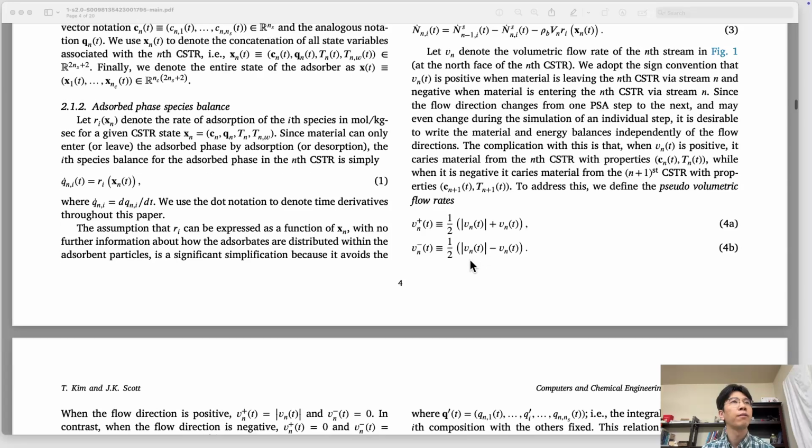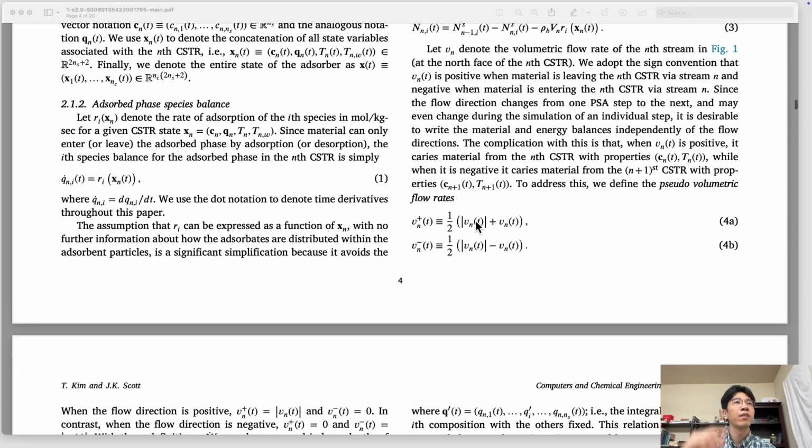So for instance, if the volumetric flow rate coming out from the n-th CSTR is negative, then what happens? This is the absolute value of a negative number, so that's positive, but then you're adding a negative number, so your positive pseudo volumetric flow rate becomes 0 when the actual volumetric flow rate is negative. But then your negative pseudo volumetric flow rate becomes positive, right?